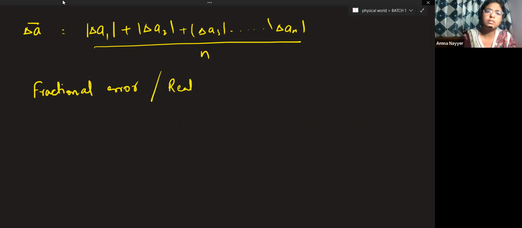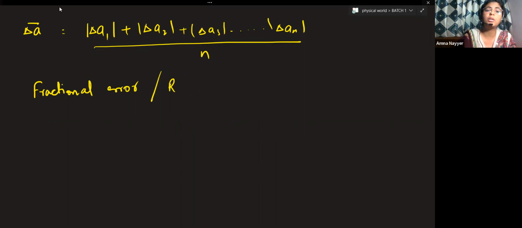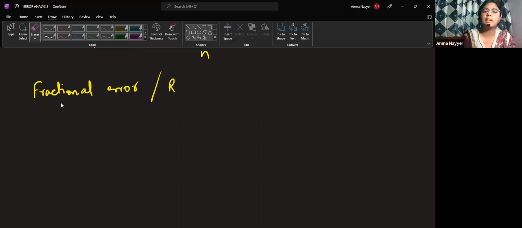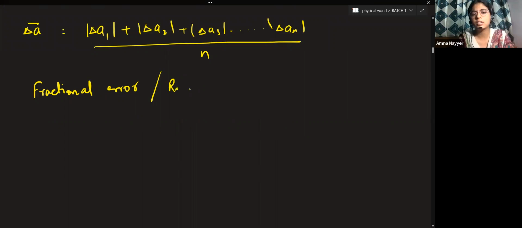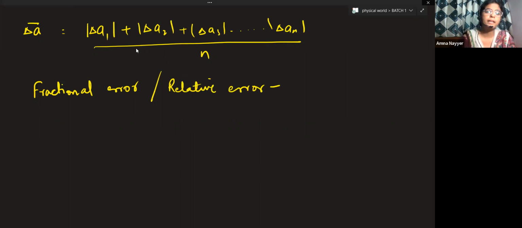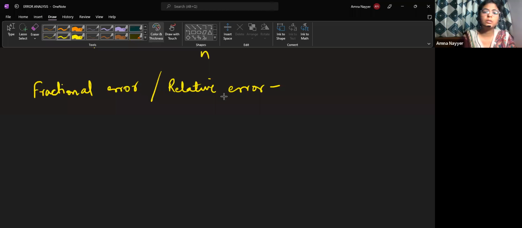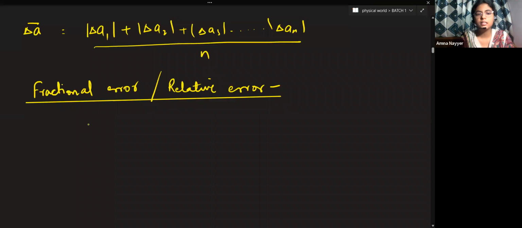From here, the calculations become easier. Till mean absolute error, you have to perform a lot of calculations. From here, it gets a little simplified. This is relative error. In fractional or relative error, take the mean absolute error, which you got in the previous part, divided by the mean value.